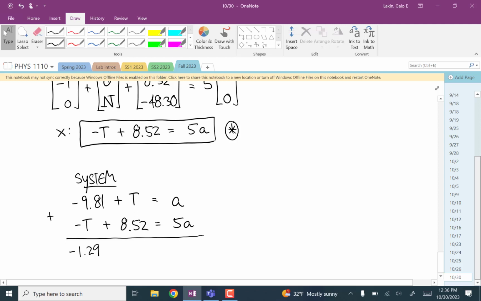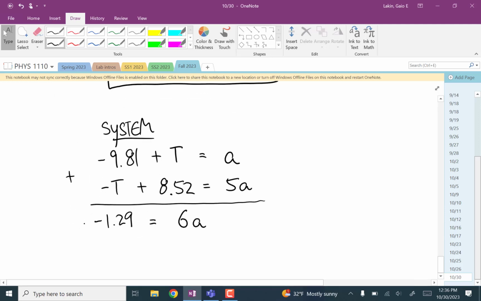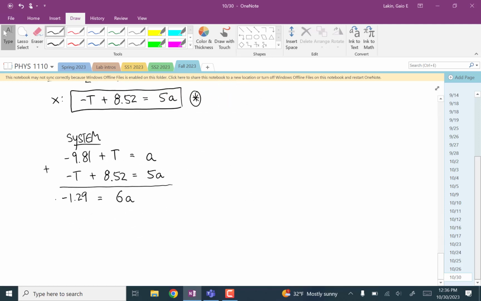The T's cancel each other. That's why I'm doing it this way. So we don't have any T's, and then this is 6a. Negative 2.15. All right, 0.215. Yeah. So a is negative 0.215 meters per second squared.